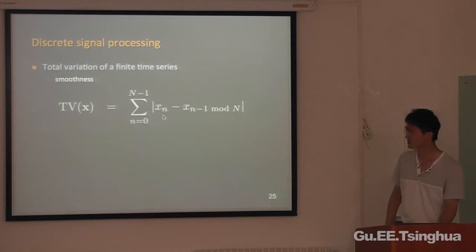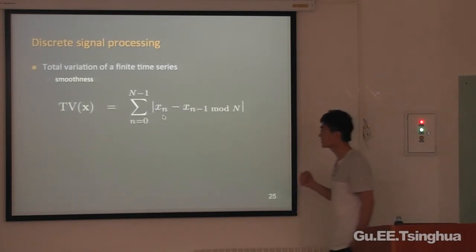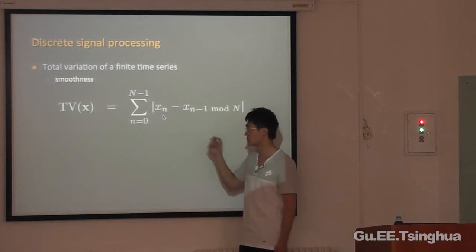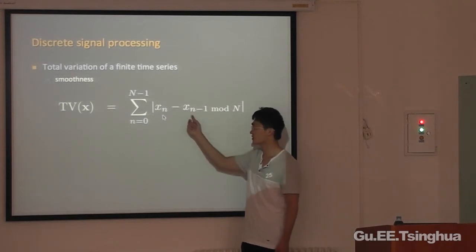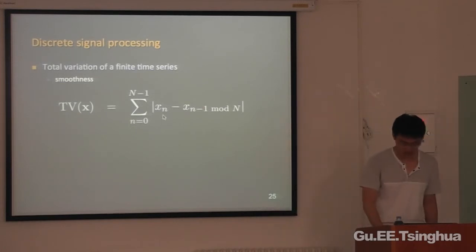It's defined by the sum of the differences between two consecutive samples. So at time n, we compare the difference between this one and the previous one, take the magnitude and sum it. And because it's a finite time series, I have mod n to take care of the boundary condition.